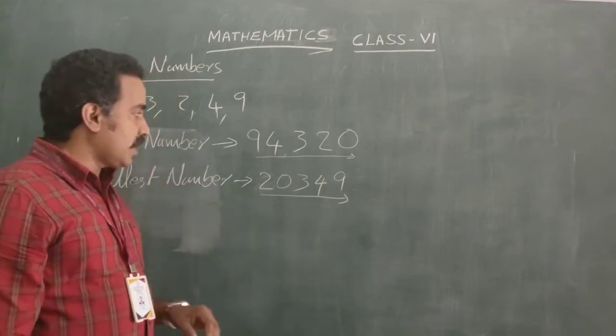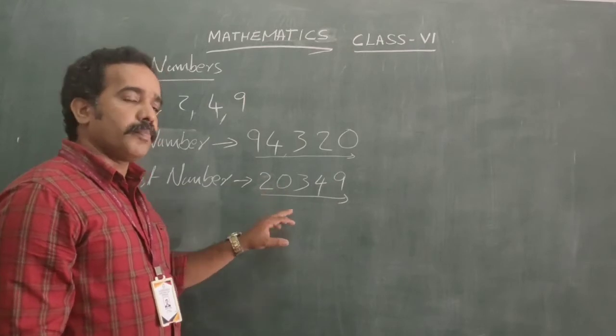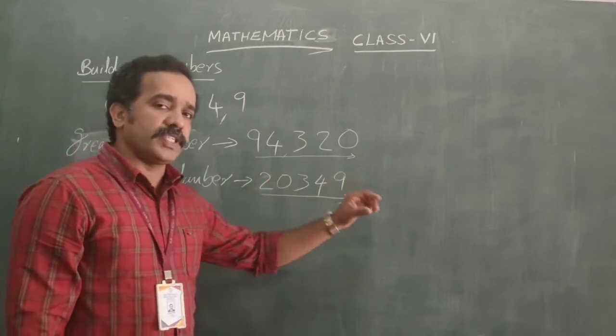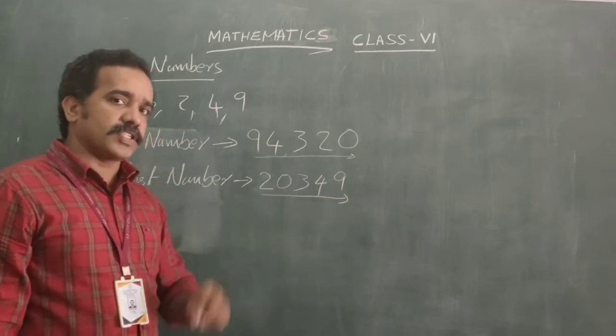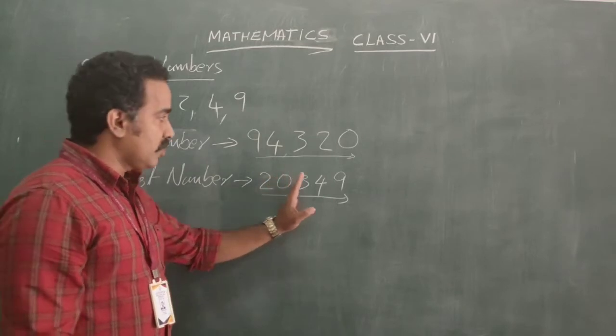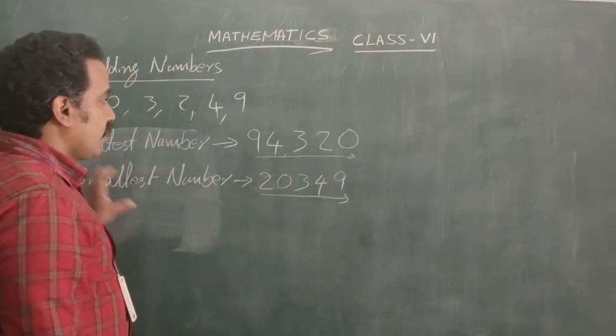But when you are doing that, you have to be careful. The 0 must not be in the first place. So after 0, the next smallest digit should be the first digit, then 0, then the next, like that in ascending order. So in that way we can do it.